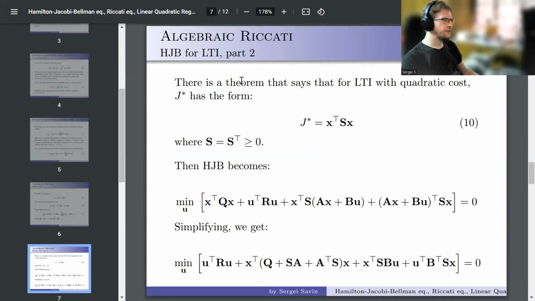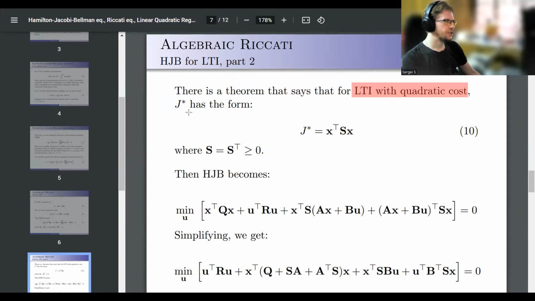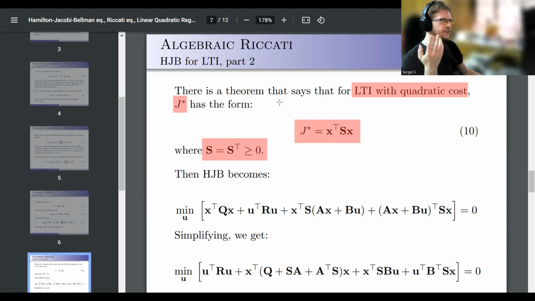So we have a theorem, which I'm just giving to you as a theorem, that says for LTI systems with quadratic cost, the optimal cost has the form x^T S x. So the optimal cost is a quadratic form itself, okay, where S is a positive definite matrix.